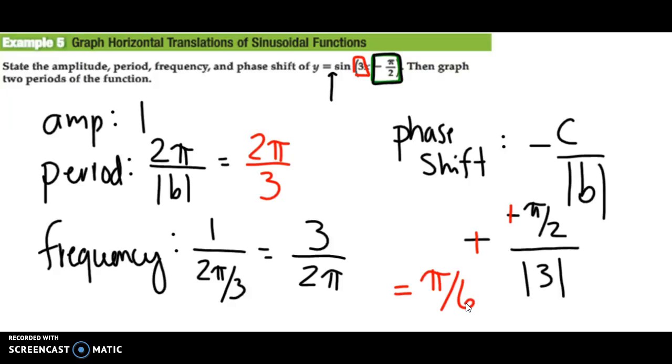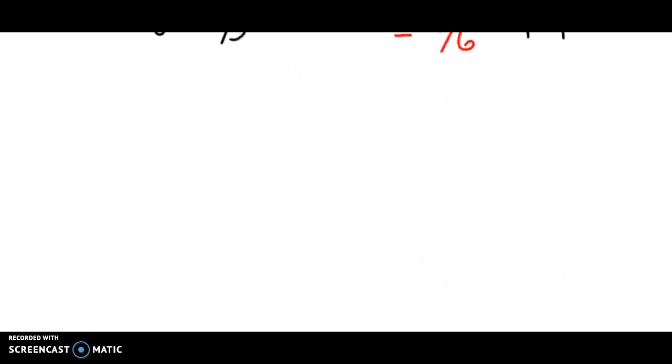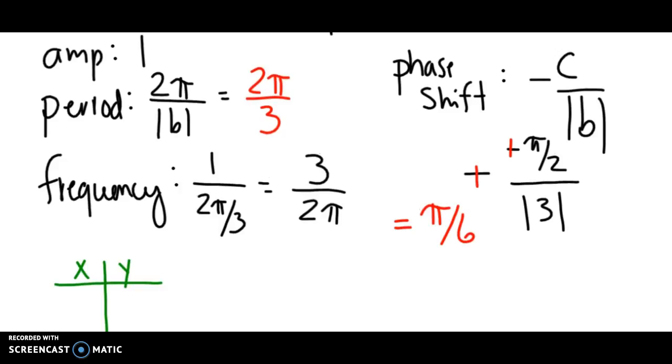So now it's asking us to graph two periods of the function, so we need to make a table of values. A couple things we need to take into consideration. First, we need to take in the period, and we need to take in the phase shift. Our period is 2 pi over 3.